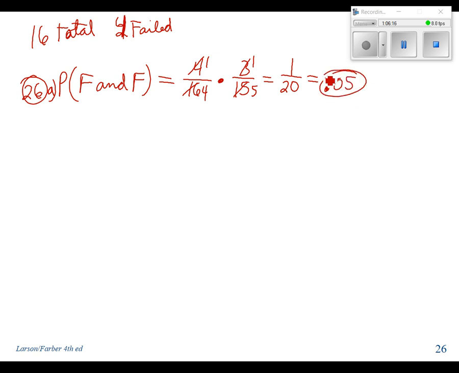I have a question. If the 2 batteries are selected at random without replacement, is it safe to assume that the 4 batteries that failed were not replaced? Or should we assume they were replaced? No, they're just saying that when you take the first battery out of the 16, we're not putting it back into the pile and then picking again.